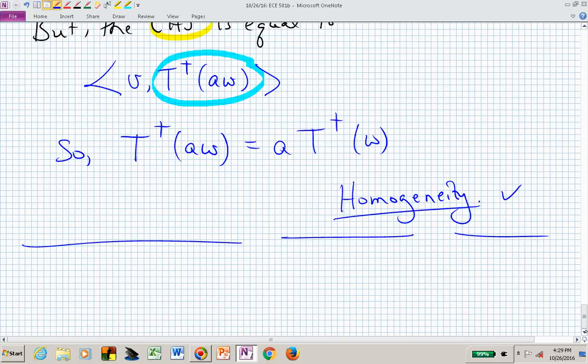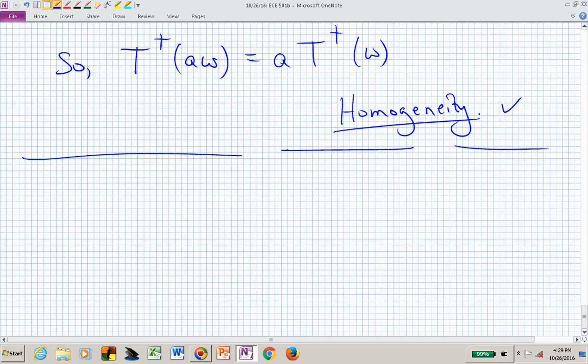I now have the adjoint map enjoying additivity and homogeneity. I've now shown that the adjoint map is a linear map.